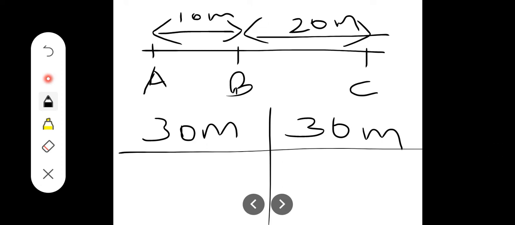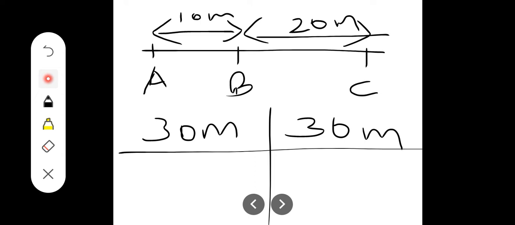And then suppose the object is moving from A to B, and then B to C, and then it goes from C to B again. Then what is the path length? Can you say what is the distance?